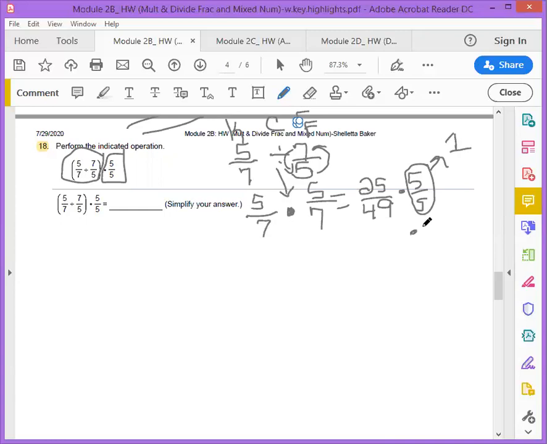So we're multiplying times 1. So 25 over 49 times 1. And we know that if we multiply any term by 1, we're just going to get that term. So 25 over 49 times 1 is just 25 over 49. That's our answer.